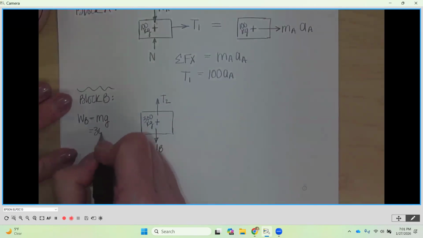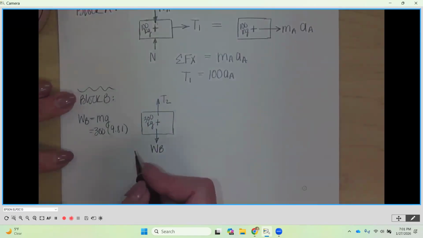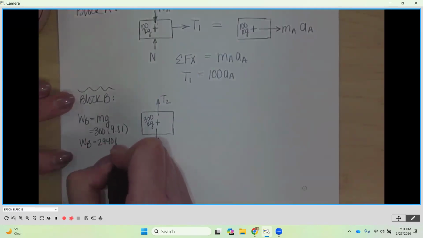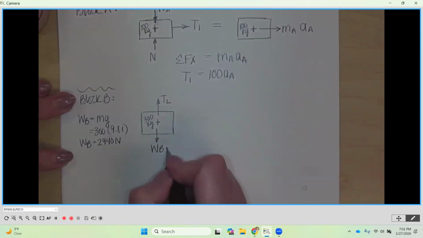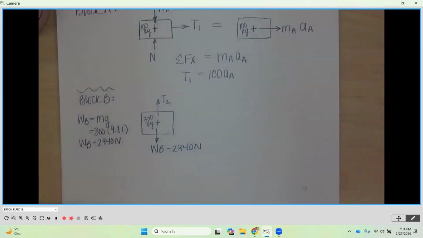So we know its mass to be 300 kilograms times 9.81. Multiplying those two together, it's going to be 2940 newtons going down.